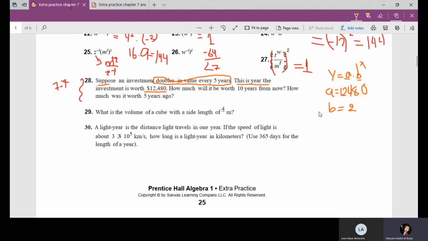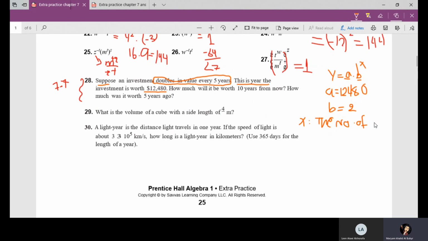But I have to focus on one thing: this value doubles every 5 years. So I must define x in terms of 5-year periods. It doubles, which means the x value is the number of periods in which the investment doubles, each period being 5 years. So let me write this for you. I can call it the number of periods that the investment doubles.